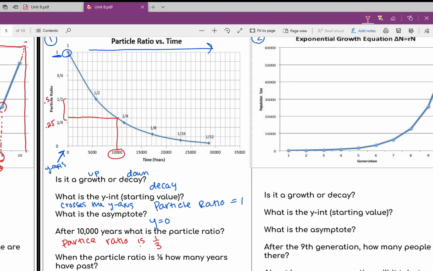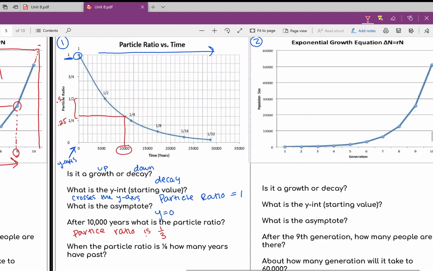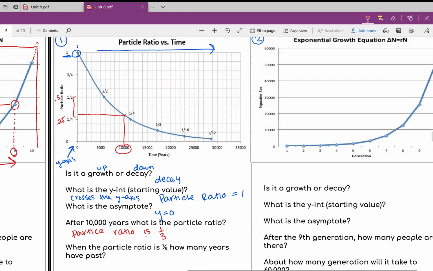The last one says, when the particle ratio is 1/8, how many years have passed? So 1/8, which is right here, it gives it to us already. It says about how many years have passed.